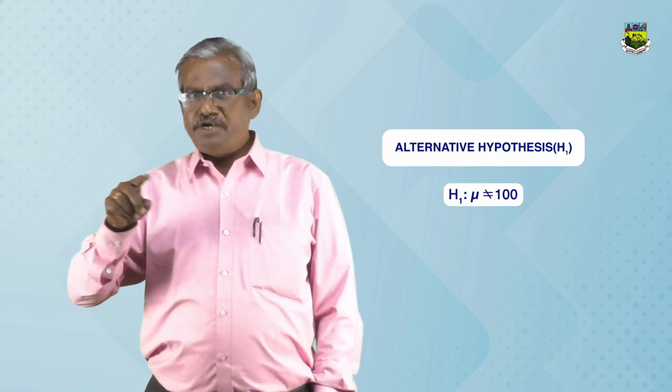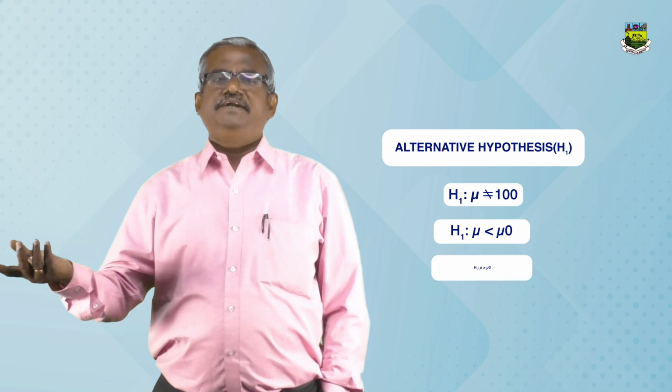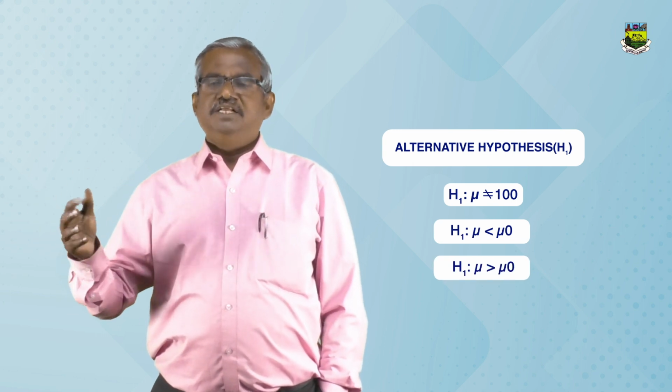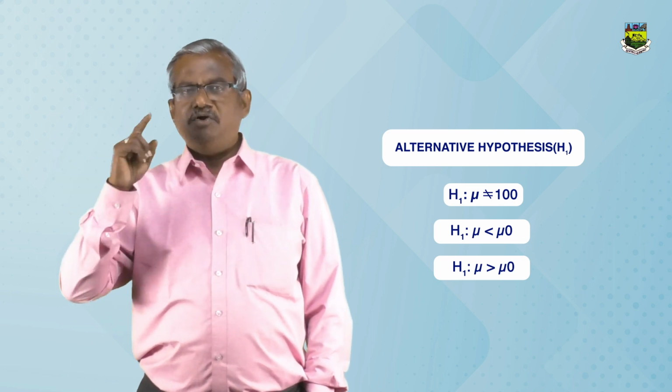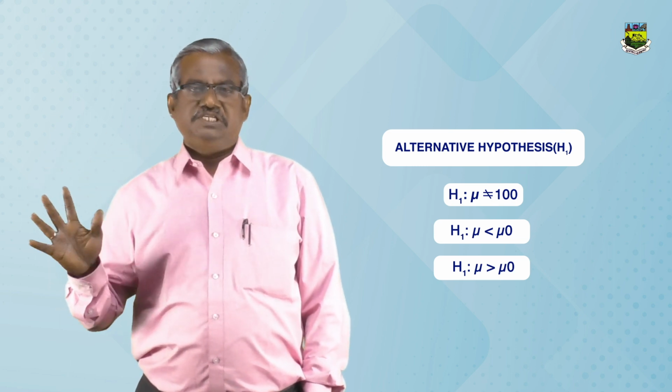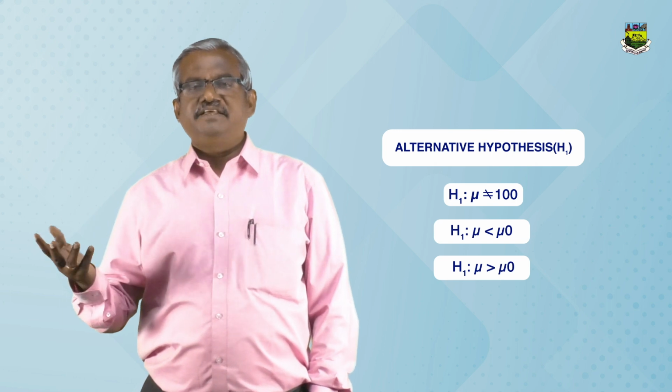From that we can also set an alternate hypothesis, defined by H1. The alternate may be H1: mu not equal to 100, H1: mu less than 100, or H1: mu greater than 100. This can be done only in the alternate hypothesis, because our null hypothesis should always be equal, mu equal to 100. The alternative may be less than, greater than, or not equal.